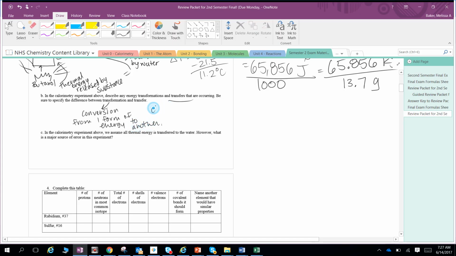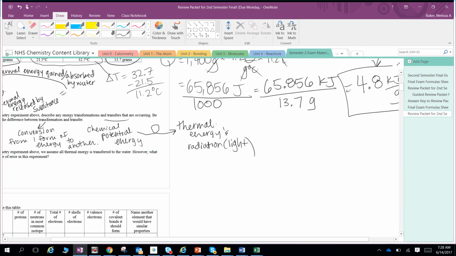We saw that the chemical potential energy of the fuel was transformed into thermal energy and radiation, the light from the flame.